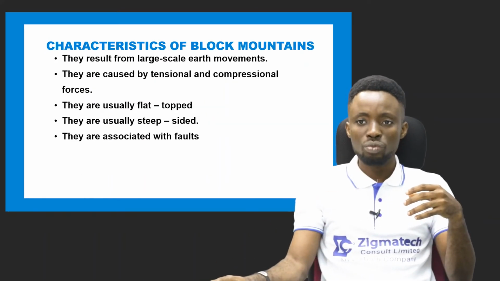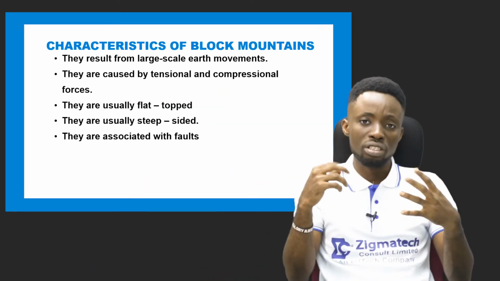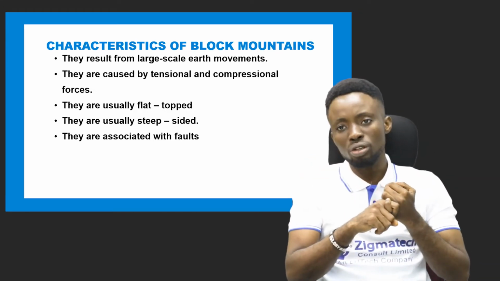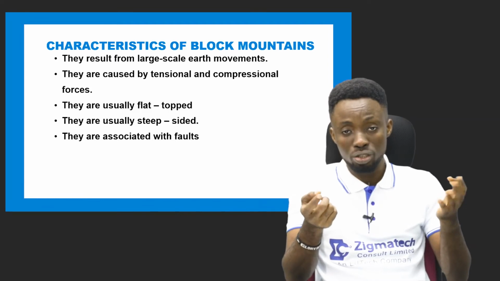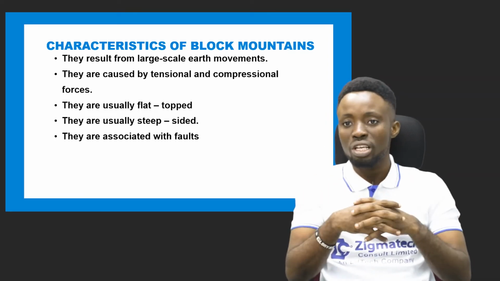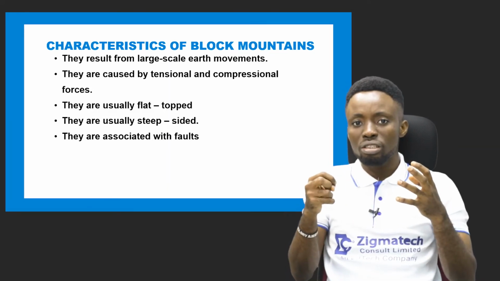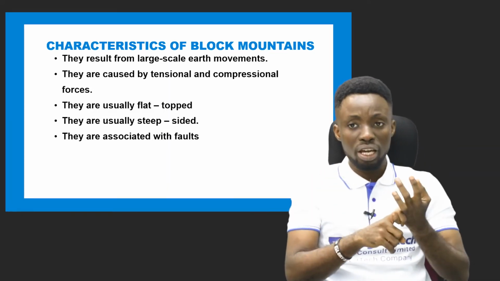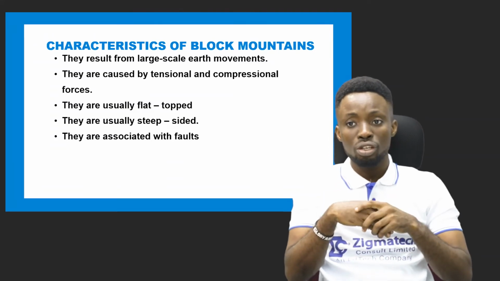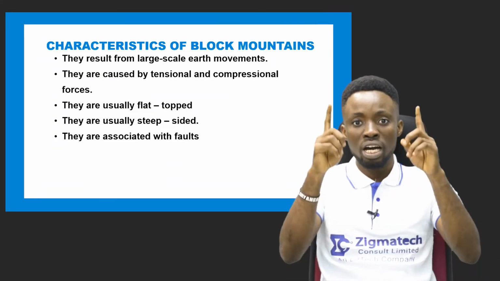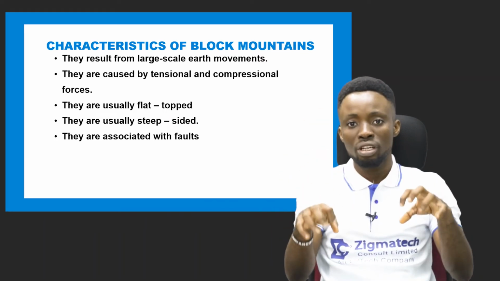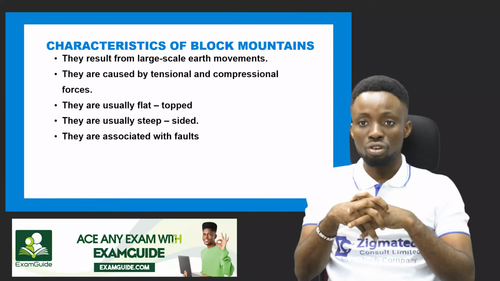Then what are the characteristics or features of block mountains? Number one, they are caused by the movement of the earth, but not compressional forces. They are caused basically by tensional forces, vertical and horizontal forces that compress the earth crust.